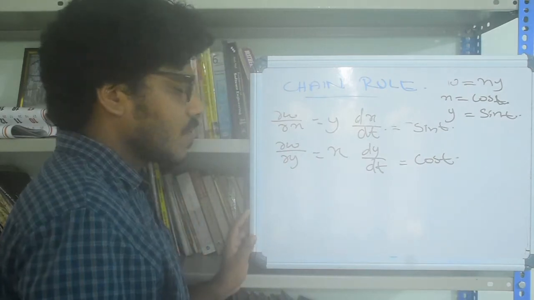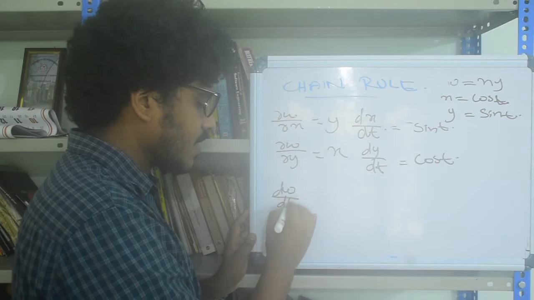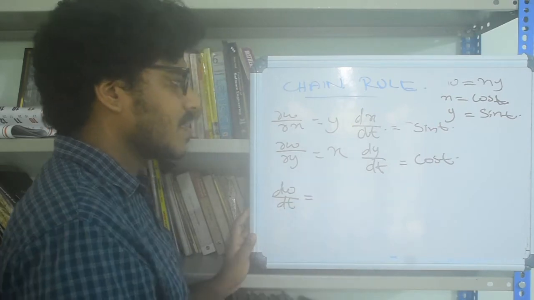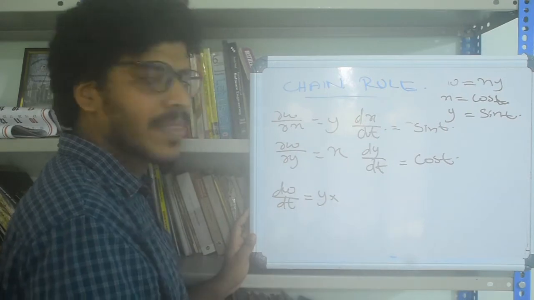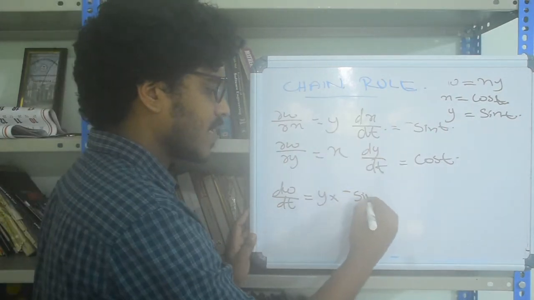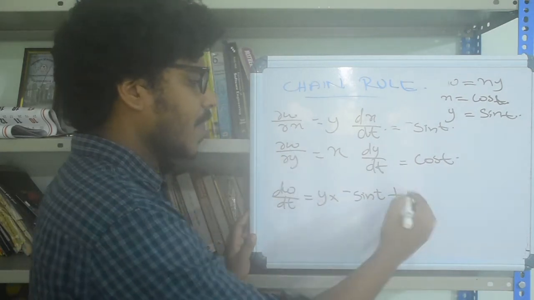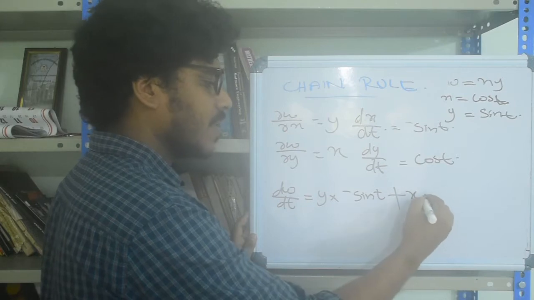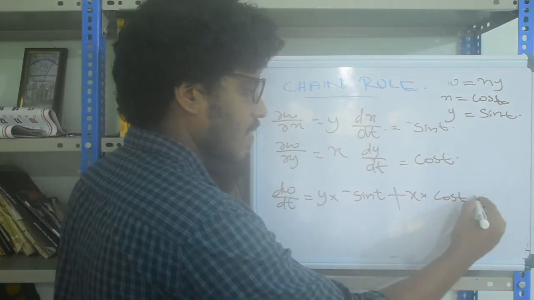Right. So remember the expression for dw/dt, the derivative of w with respect to t, as ∂w/∂x, which is nothing but y, into dx/dt, which is minus sin t, plus ∂w/∂y, which is x, into dy/dt, which is cos t. Right.